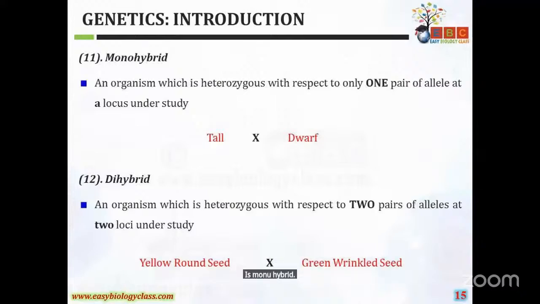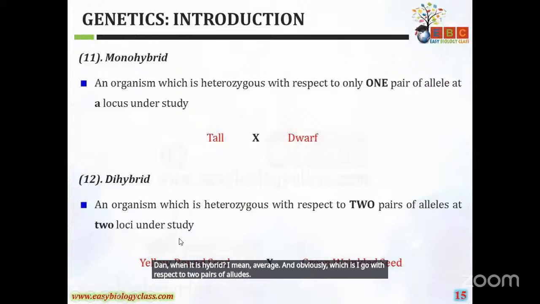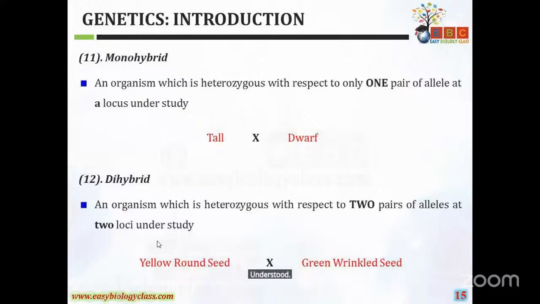Then when it is dihybrid, an organism which is heterozygous with respect to two pairs of alleles at two loci under study. That is, following the inheritance of two traits at the same time. We want to see when two traits are crossed, how the two traits will reflect in the offspring so produced.